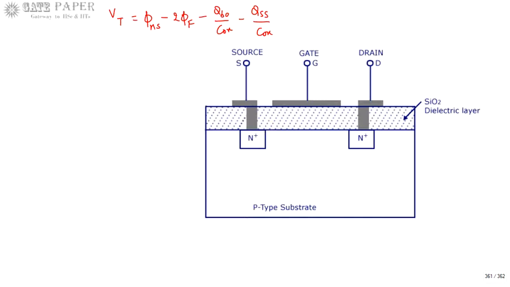Both are extrinsic semiconductors, so there is a voltage difference between polysilicon and the surface of the substrate. I am calling the Fermi level of polysilicon phi_m, and the Fermi level of the surface of silicon phi_s.